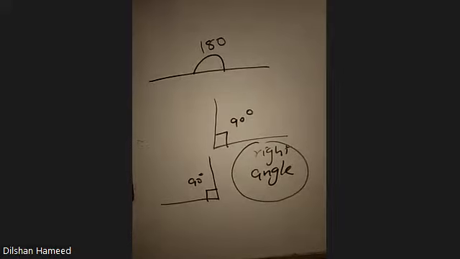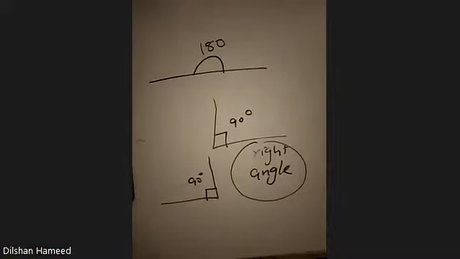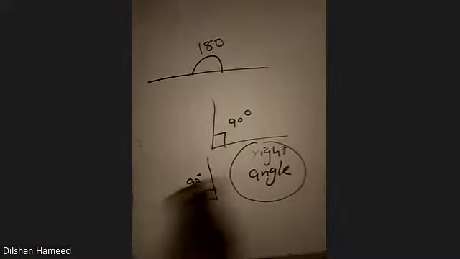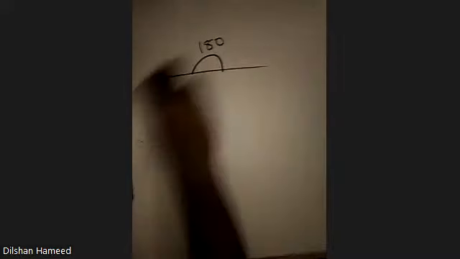Okay, so this is clear, right? 90-degree is clear. So let's go to another part of that. So you know a right angle. Now you have straight angle.